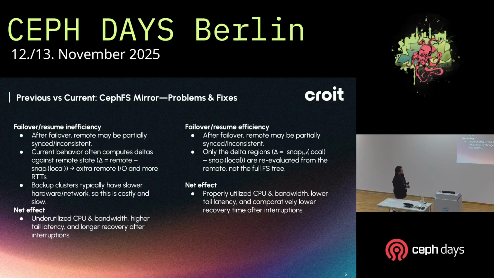So the net effect is, previously it was underutilized CPU and bandwidth, higher tail latency, and longer recovery after interruptions. But currently we have properly utilized CPU and bandwidth and lower tail latency, even if there are some MDS limitations as well.